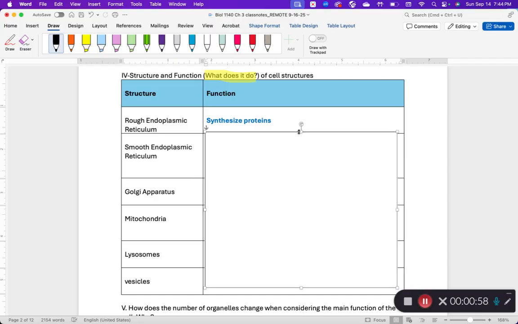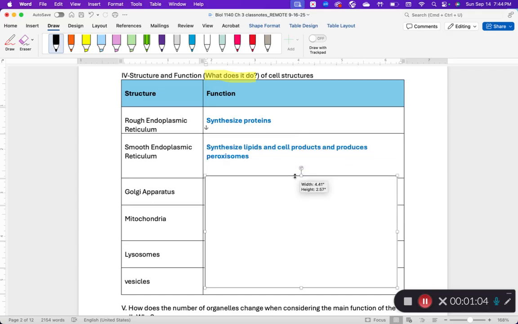Rough ER's job is to synthesize proteins. Smooth ER synthesizes lipids and cell products and produces peroxisomes. I'll repeat that again: synthesizes lipids and cell products and produces peroxisomes.